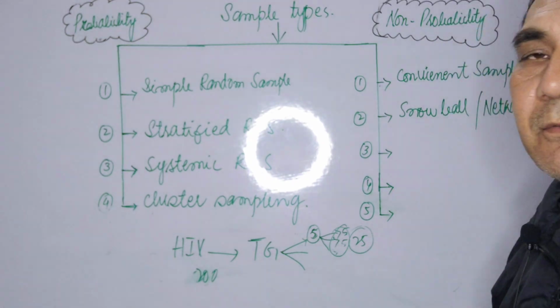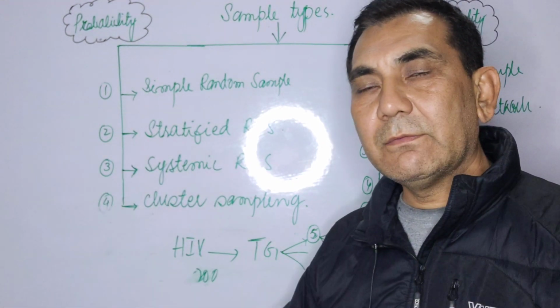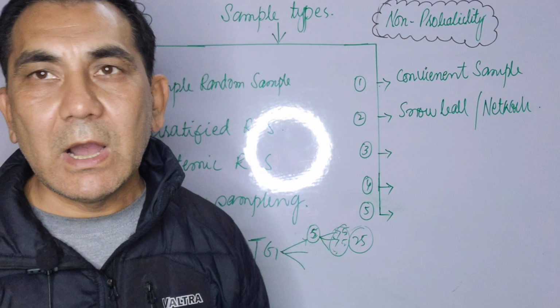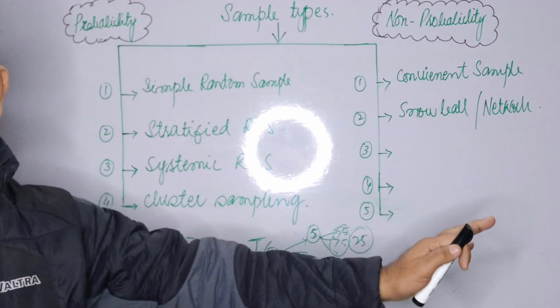So it becomes 25, and again 25 multiplied by 5 becomes 125.